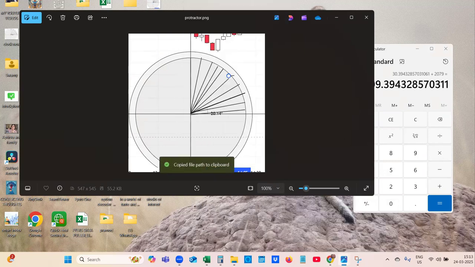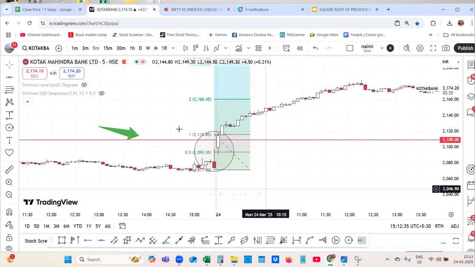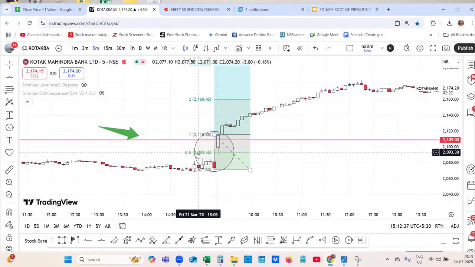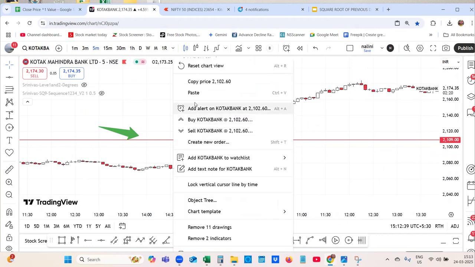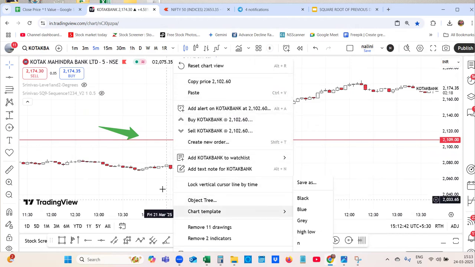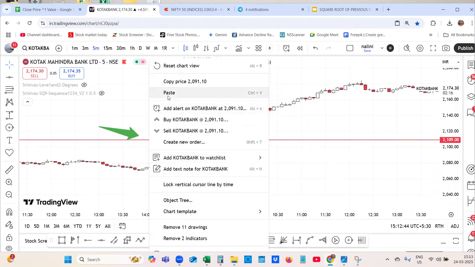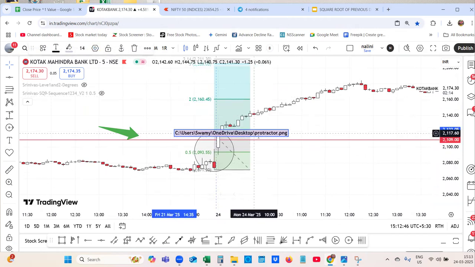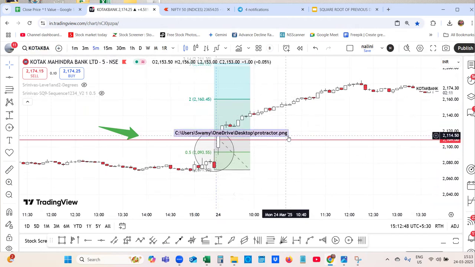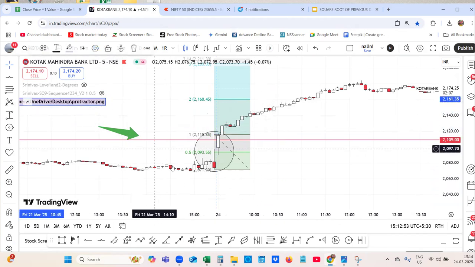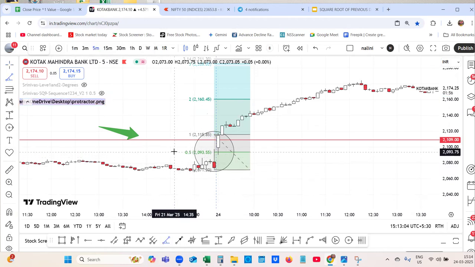I'll go back to the chart again and I'm pasting it. Oh, it is not pasting. Okay. Anyway, some problem is there. Leave it. If it is not pasting, do not worry. I'll show you.